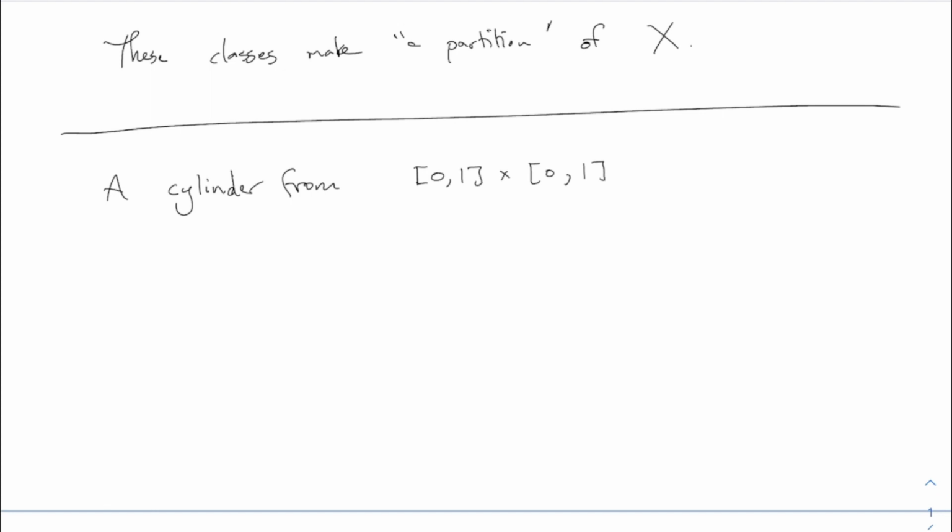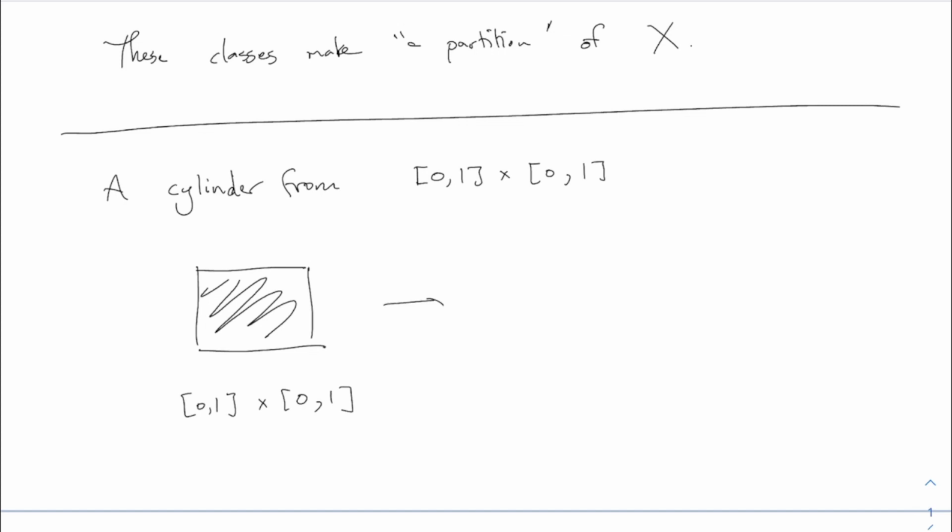If you start with [0,1] cross [0,1], it looks like a rectangle with all this stuff on the inside. But we can create a cylinder by gluing together the two vertical edges on the two sides. When you glue those together, you kind of have to wrap the thing around, and what you get is the cylinder like this.